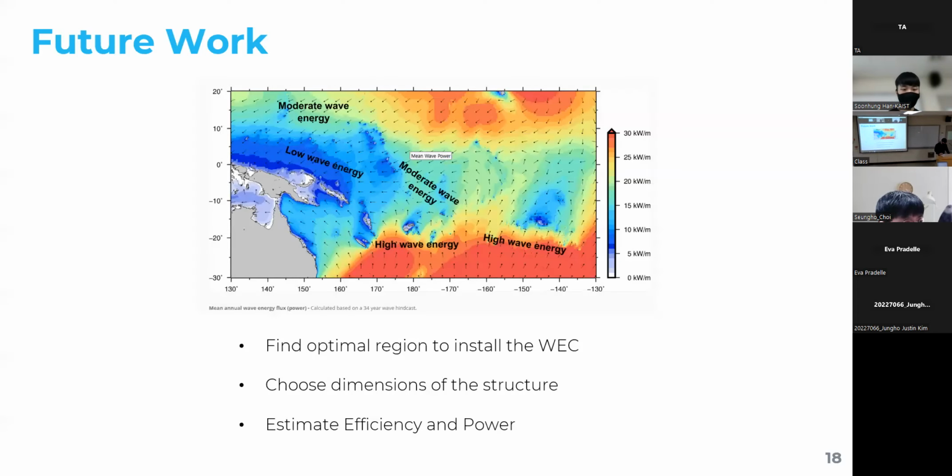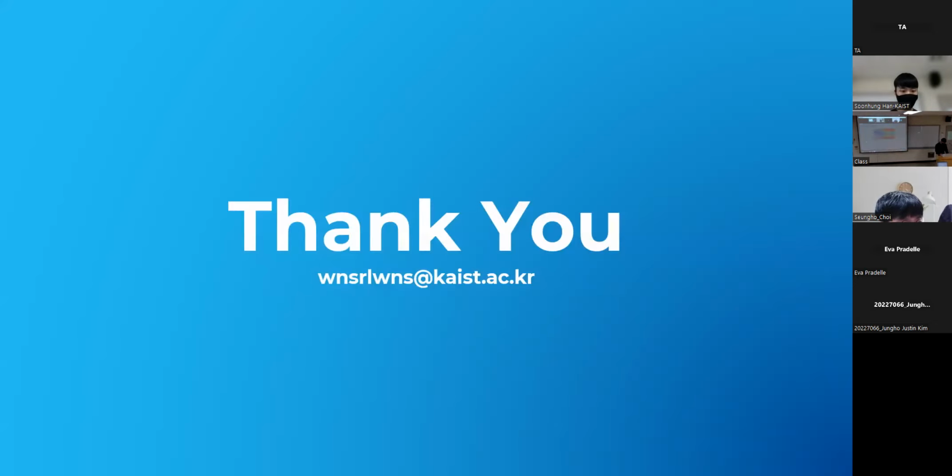And the future work is here. We will find a single region to install the wave energy converter and choose dimensions of the structure. Then let's estimate efficiency and power. This is the end of the slide. Thank you for listening.